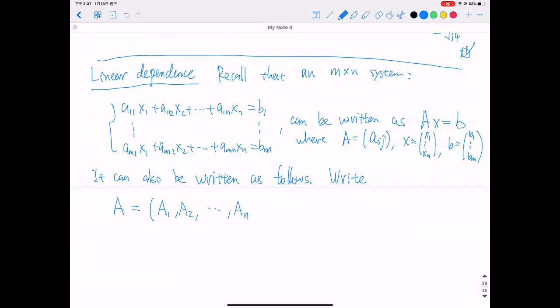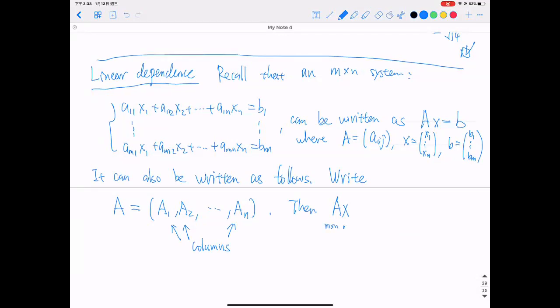So we do that. This A1, A2 through AN, these are the columns. Then AX, as you know, is an n by 1 matrix, because A is n by n, X is n by 1.